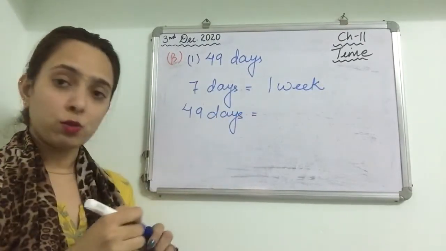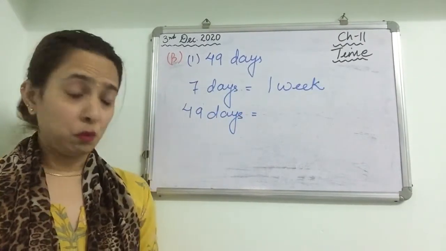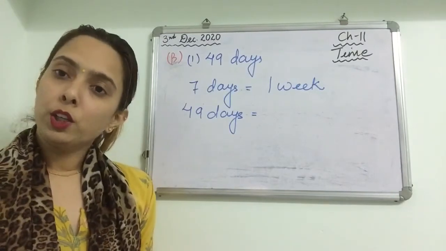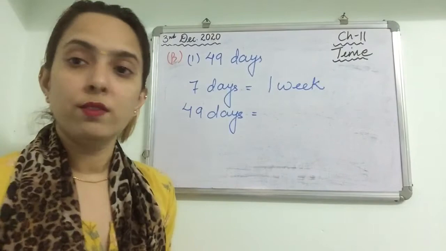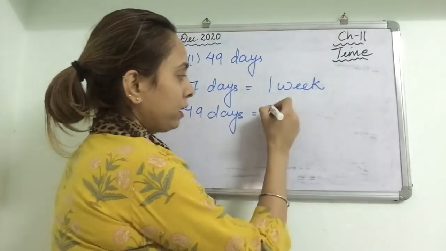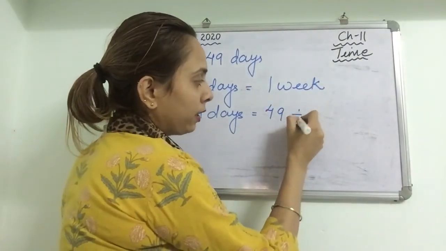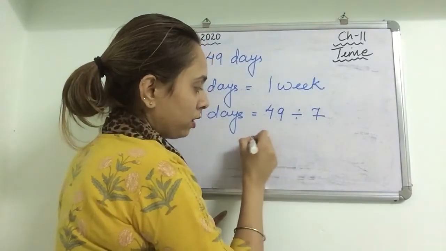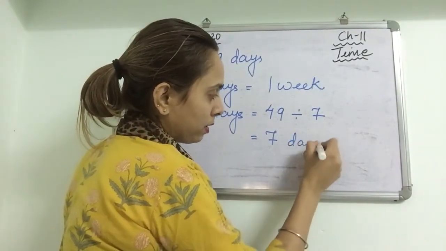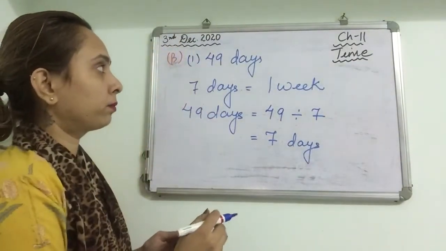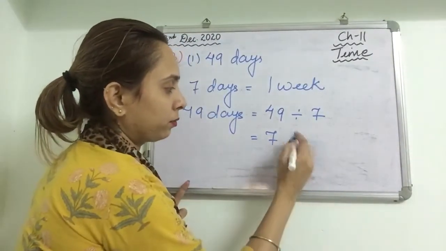So 49 days. So now students, here we are converting lower unit into higher unit. So we are going to divide. So we will write 49 divided by 7. So our answer will be 7 weeks.